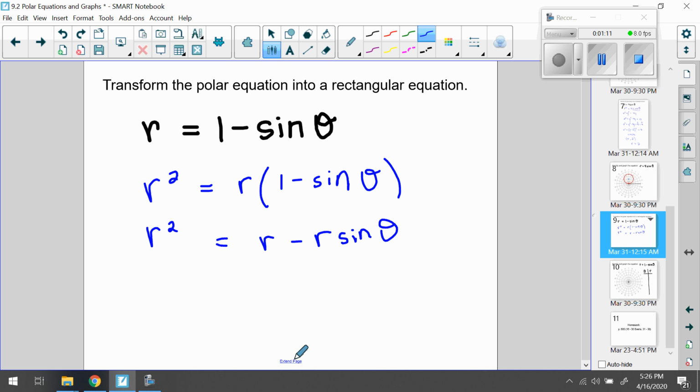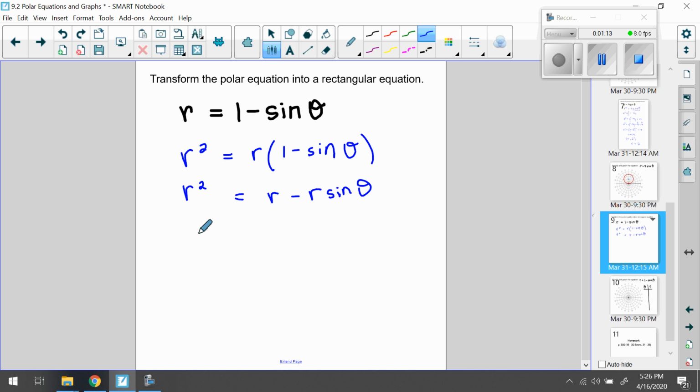So then we can use some of those substitutions we learned back in lesson 9.1. We could do x squared plus y squared for r squared. And then r becomes root x squared plus y squared, and then r sine theta is y.